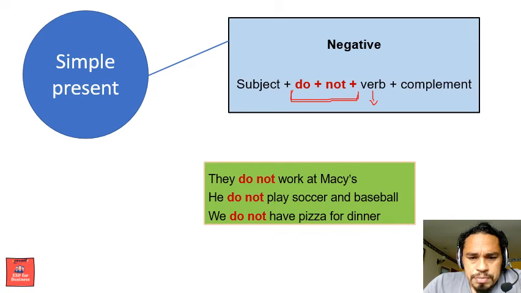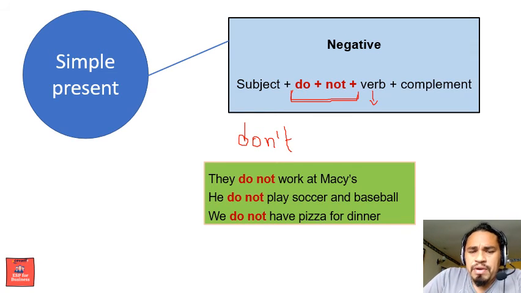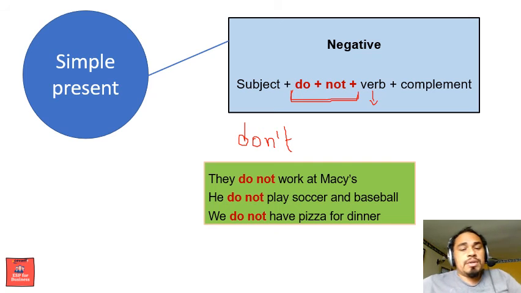They, the subject, don't, the negative particle plus the auxiliary, work, the verb, at Macy's, the complement. Remember that the contraction is just a way to speak and not a way to say something different.